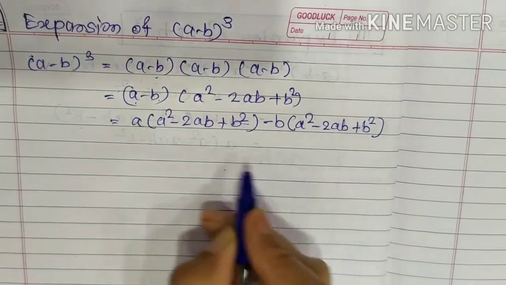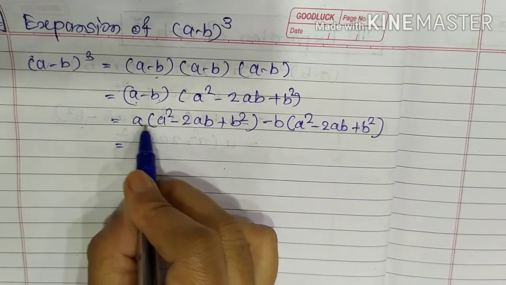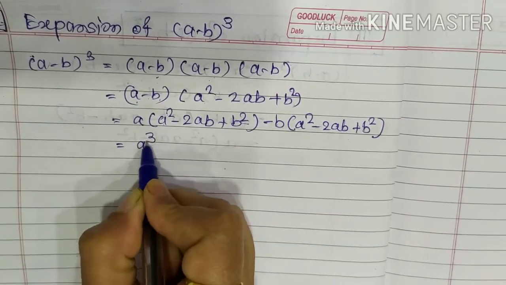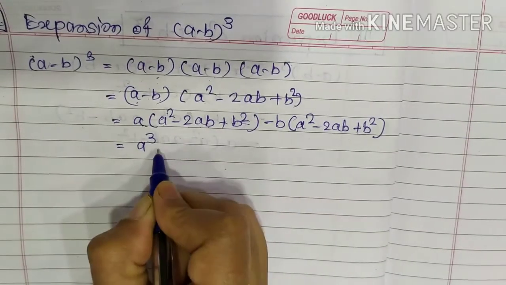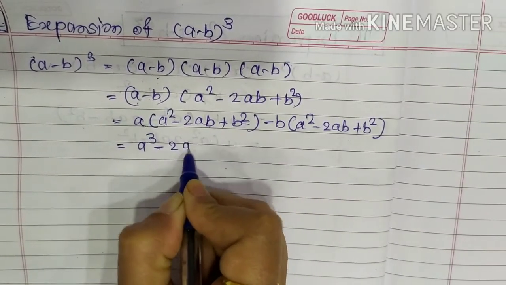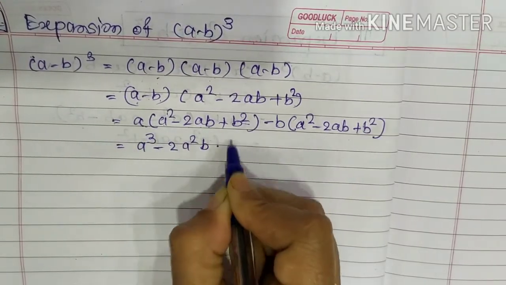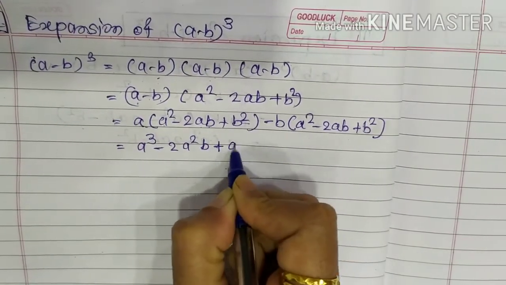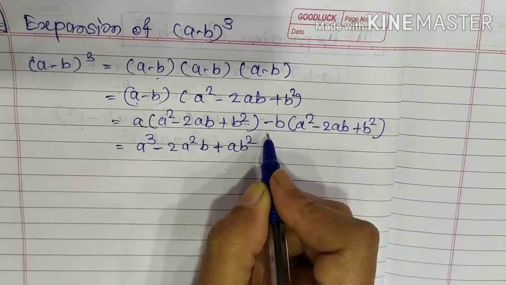So multiplying this: a into a square is a cube, a into minus 2ab is minus 2a square b, a into plus b square is ab square.